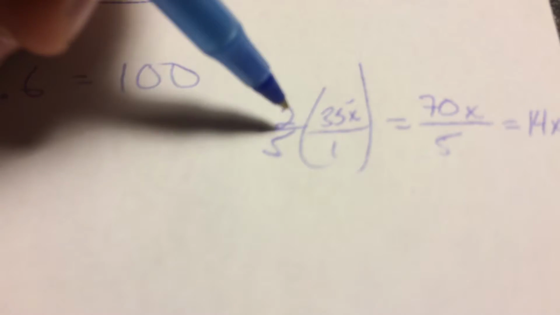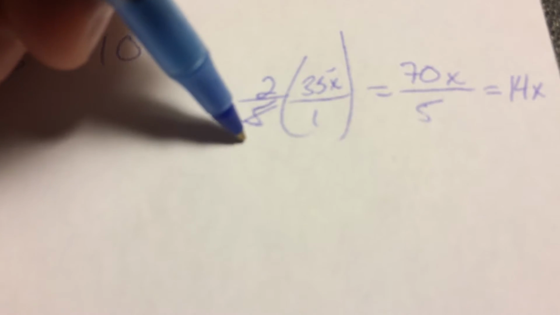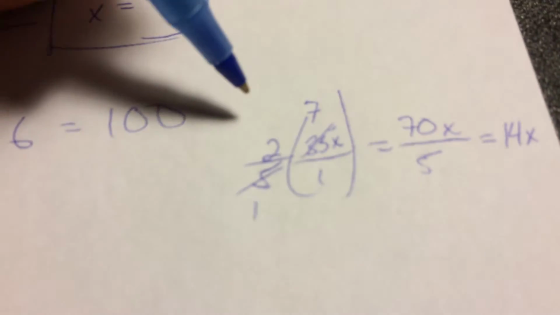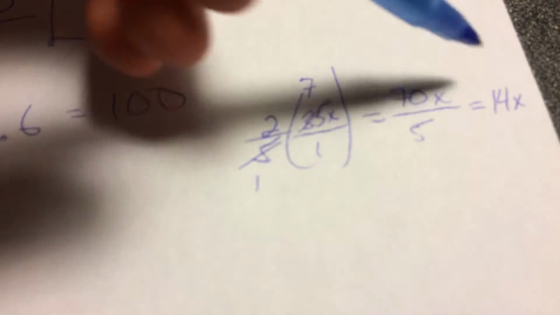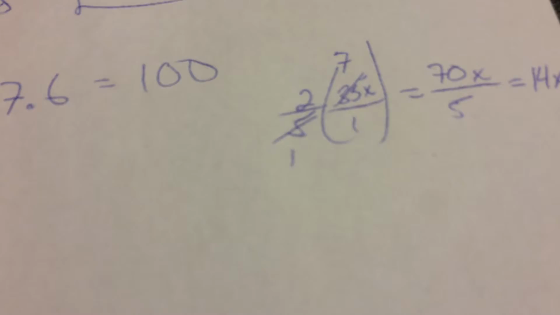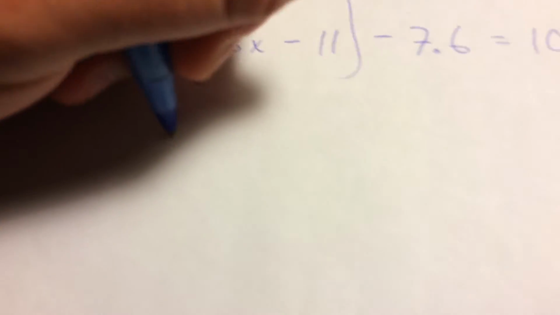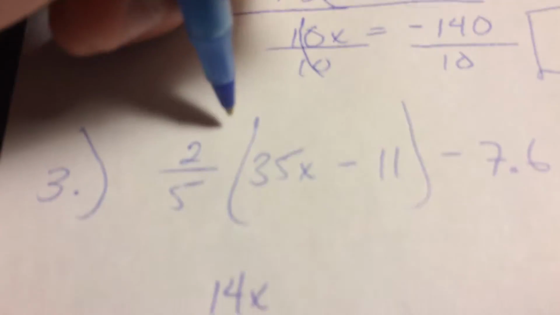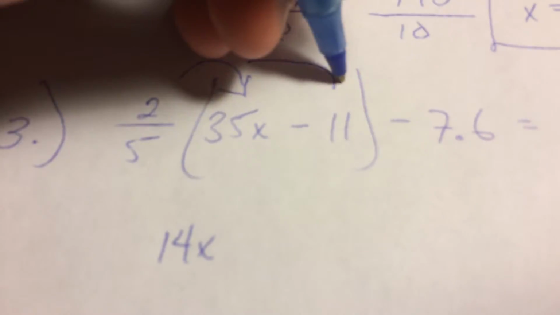Or I could have simplified at the very beginning. 5 divided by 5 is 1, and 35 divided by 5 is 7. And you can see that 2 times the 7 would also give me 14x. Either way, just something to keep in mind. We'll get 14x. And then I must also, I should have shown this from the very start, distribute to both terms.